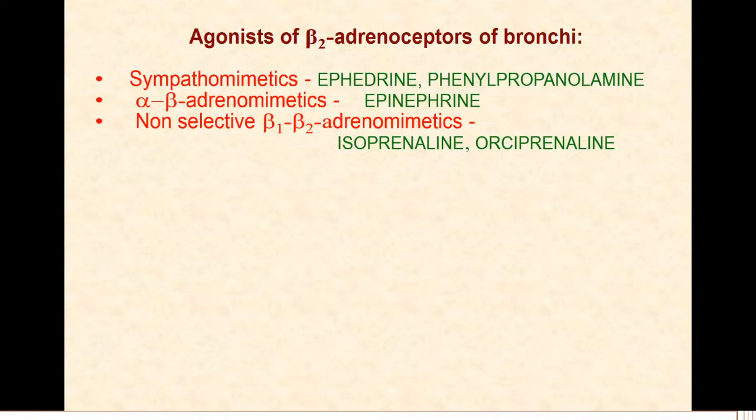But we see isoprenaline and orciprenaline, stimulating both beta-1 and beta-2 receptors, also can cause unnecessary stimulation of the heart because of stimulation of beta-1. Once again, we need stimulation of only beta-2 in bronchial asthma.